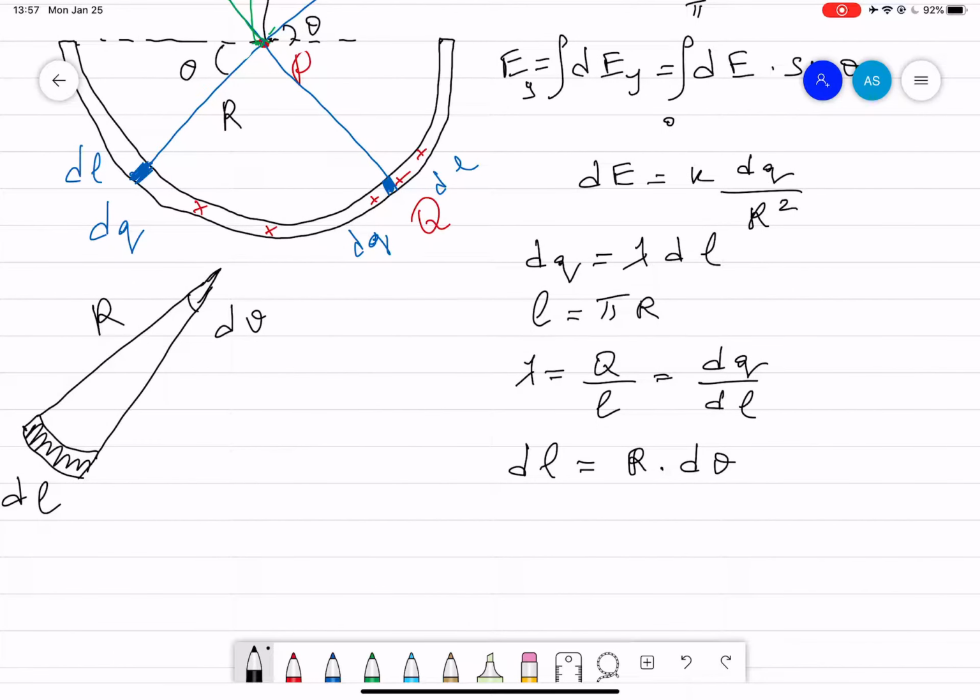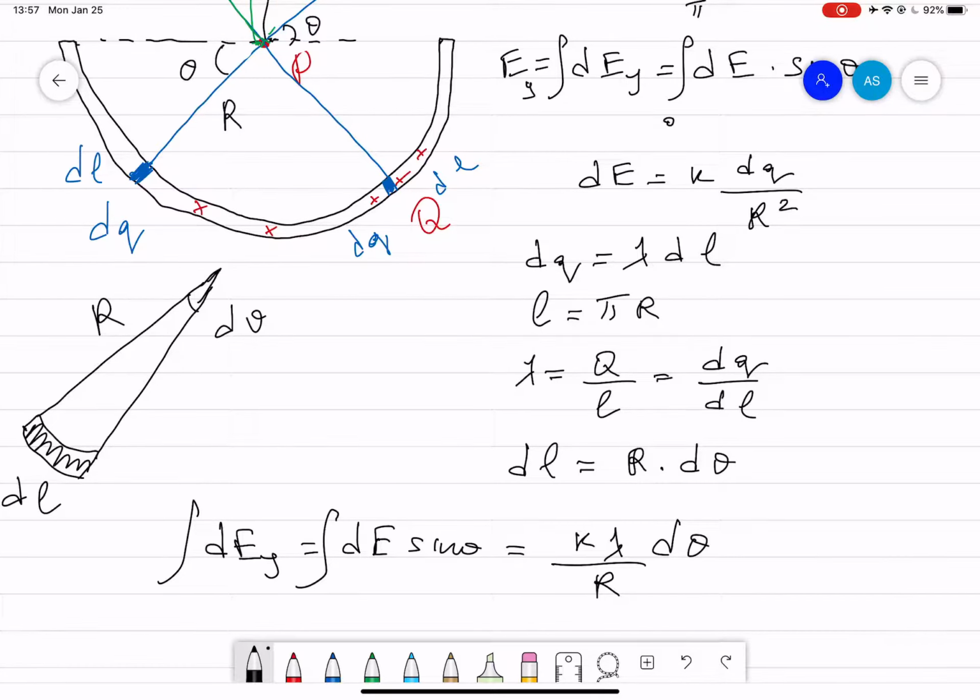We can say that dEy is equal to dE sine theta, integrated. Basically what I did here is I tried to get rid of this dq.